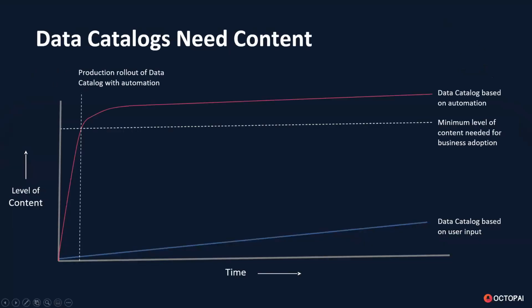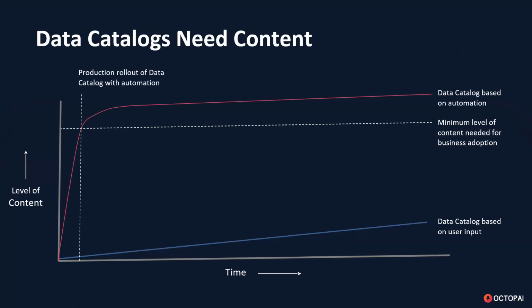So data catalogs, which I think are emerging as the primary vehicle today, need content, okay? And this is something that you have to think very carefully about. You can put out a data catalog just as a capability and say, hey folks, here's our bright new shiny data catalog. Please start putting information into it.